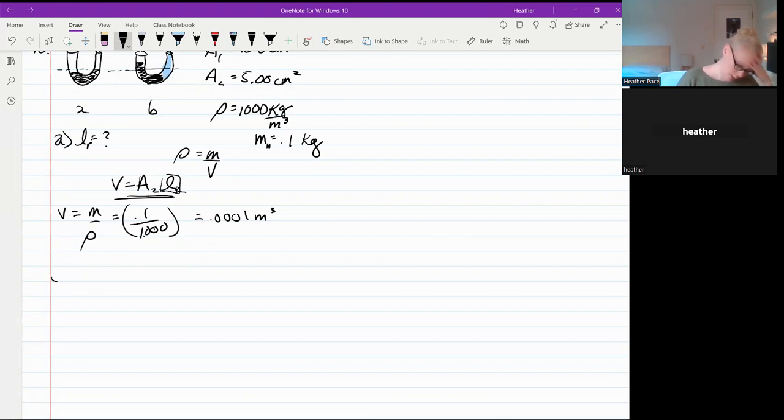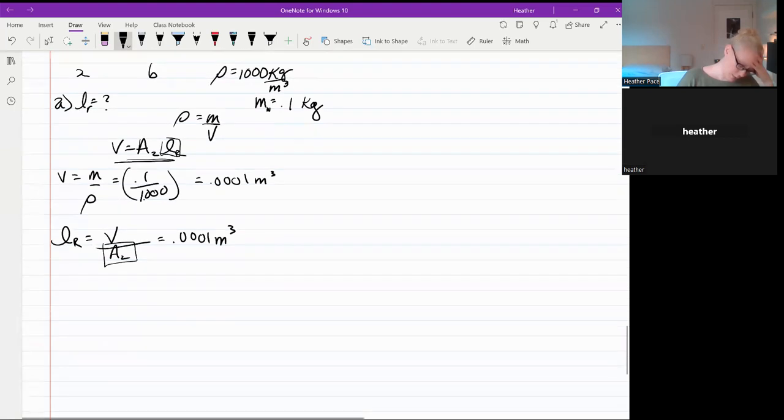So L_R equals V over A2. We've got V as 0.0001. Now we're going to write out units because we need to take this from centimeters squared into meters squared.